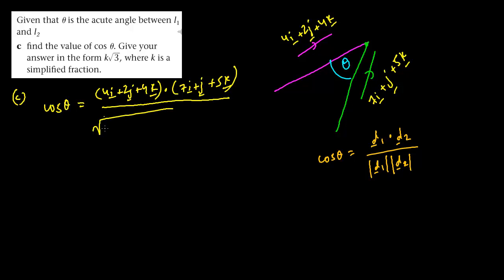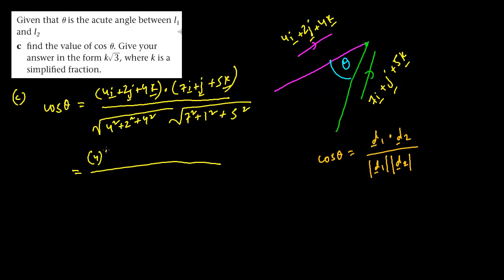divided by modulus of direction vector 1, which is square root of 4 squared plus 2 squared plus 4 squared, multiplied by square root of 7 squared plus 1 squared plus 5 squared. And remember how we do dot product. In order to do dot product, we multiply the coefficients of i with i. So that means 4 into 7 plus j with j, 2 into 1 plus k with k, 4 into 5.